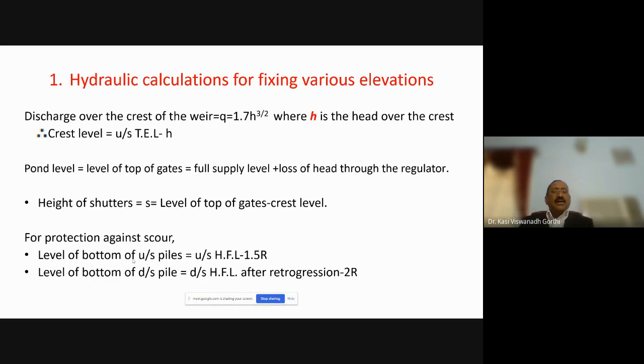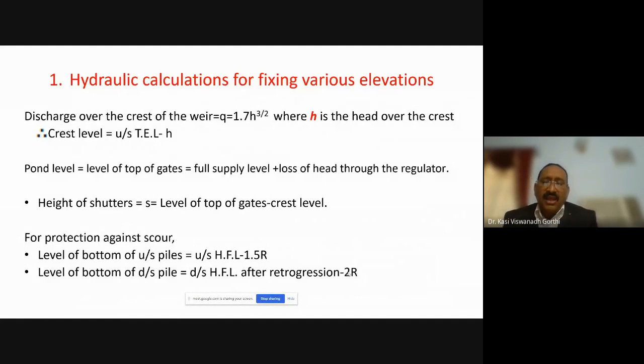Similarly, to get the depth of the downstream pile, the level of the bottom of the downstream pile will be downstream HFL minus 2R. This is upstream HFL minus 1.5R, downstream HFL minus 2R. Why this 2R here is that we have already seen through the limitation of the Bligh's creep theory, if the downstream piles are not deeper compared to the intermediate or upstream piles, they are not effective.